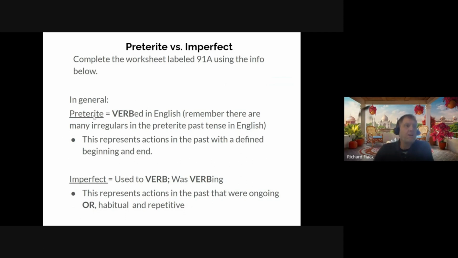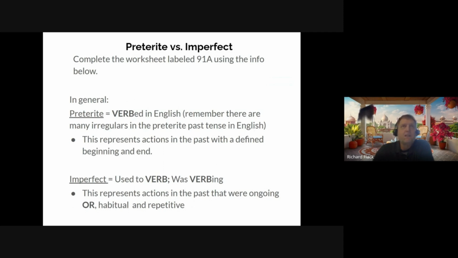Okay, preterite tense. Remember I told you, and you wrote hopefully on your sheet, that the preterite is equal to verbed in English. So for example, talked, walked, baked, cooked. But remember, there's a whole bunch of irregulars in the preterite tense in English. For example, we don't say runded, I ran.